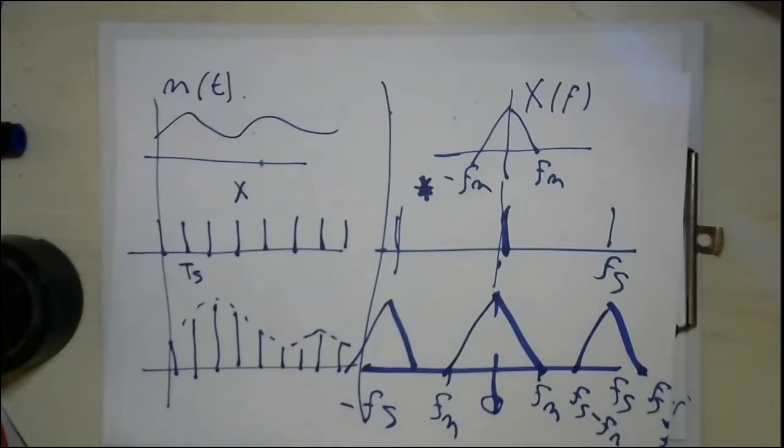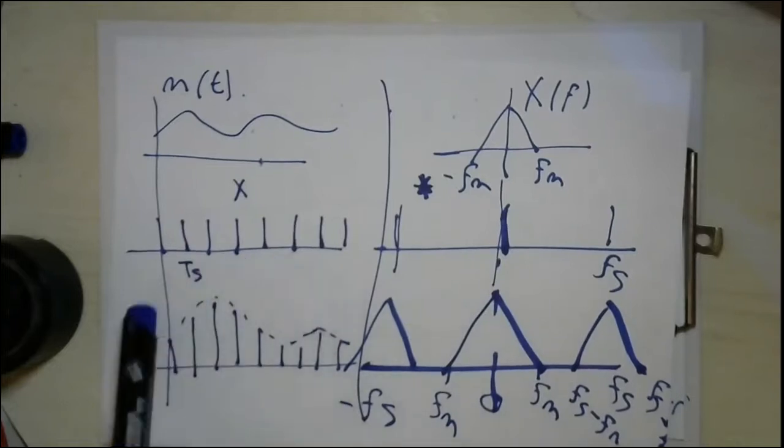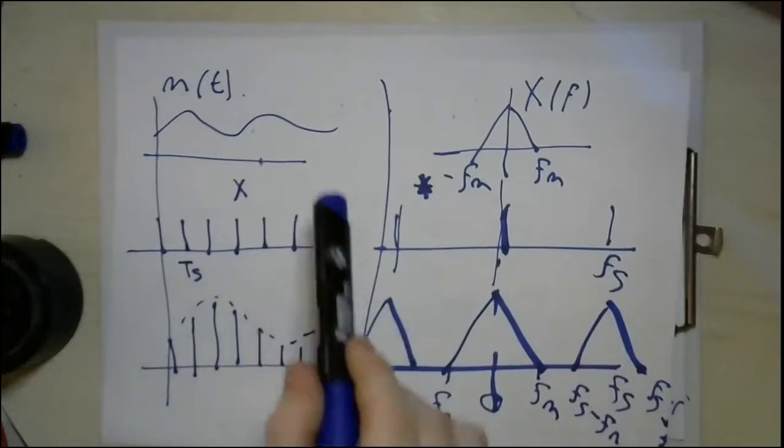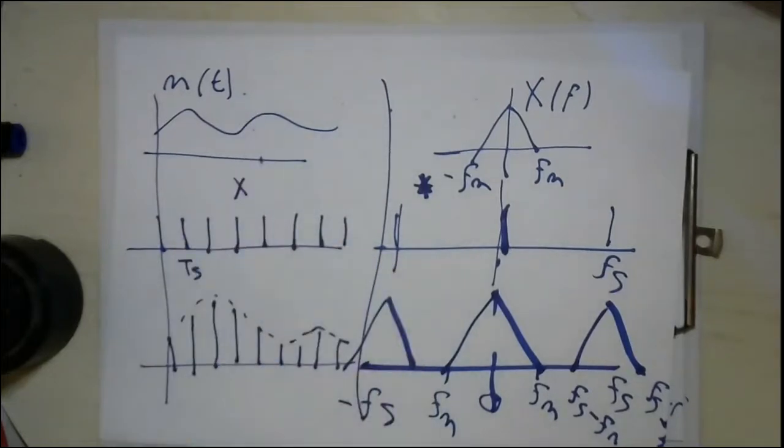Okay, so for this case, if I told you, please, my dear students, I need to convert this digitalized signal back into an analog signal, you will tell me this is very easy. How? You will tell me we know that we have a smart device called a low-pass filter.